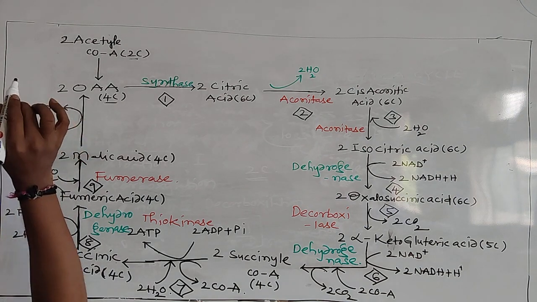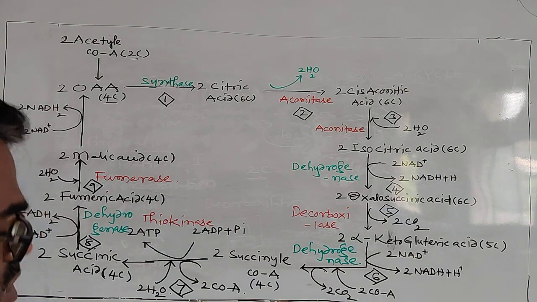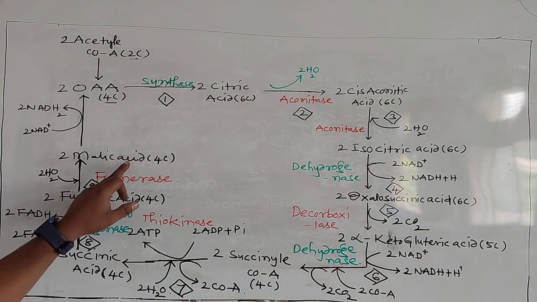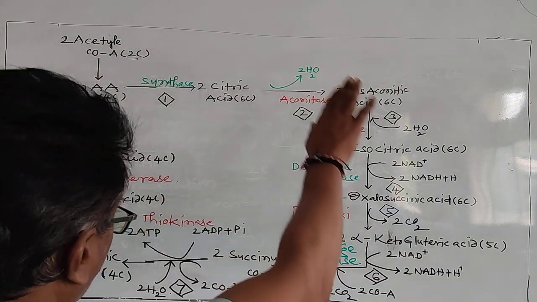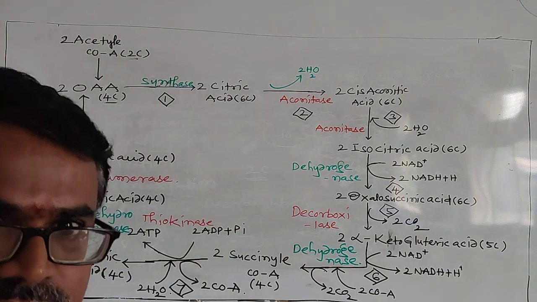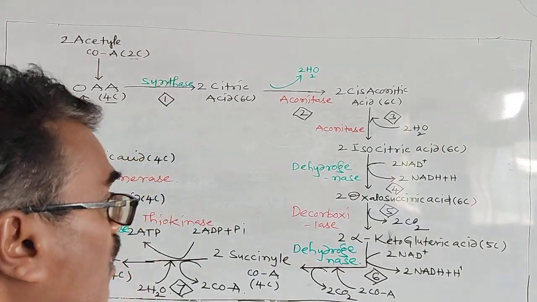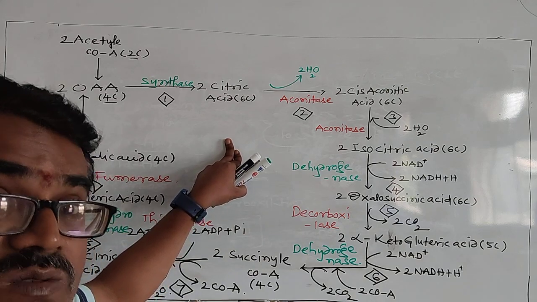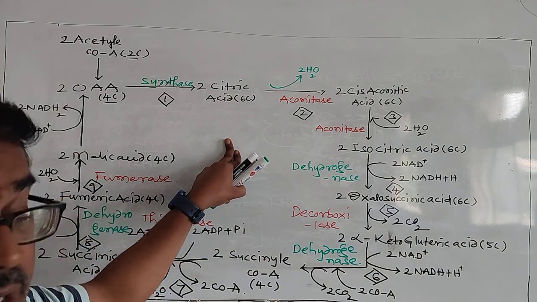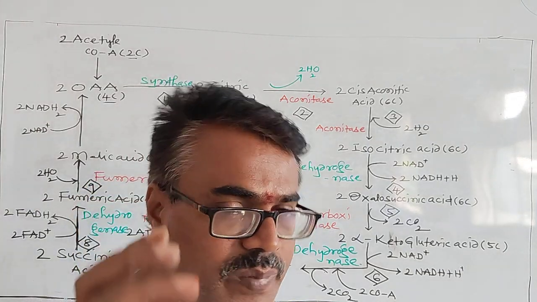These 2 moles of malic acid undergo oxidation, finally resulting in the formation of 2 moles of oxaloacetic acid. Here the cycle continuously takes place, yielding CO2 and water, as well as liberation of energy in the form of ATP.